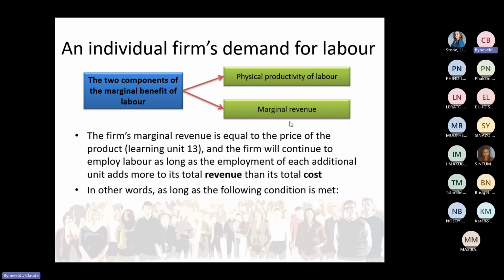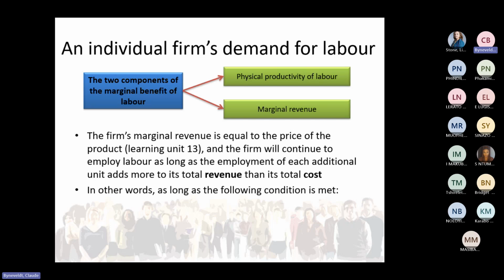And then it also consists of the marginal revenue. So those are the two components of the marginal benefit of labor. It refers to the additional physical productivity of labor: what is that additional unit of labor providing to the total product of the output of the firm?